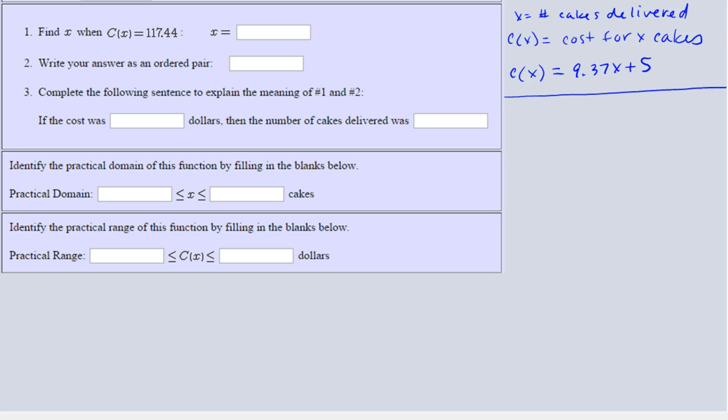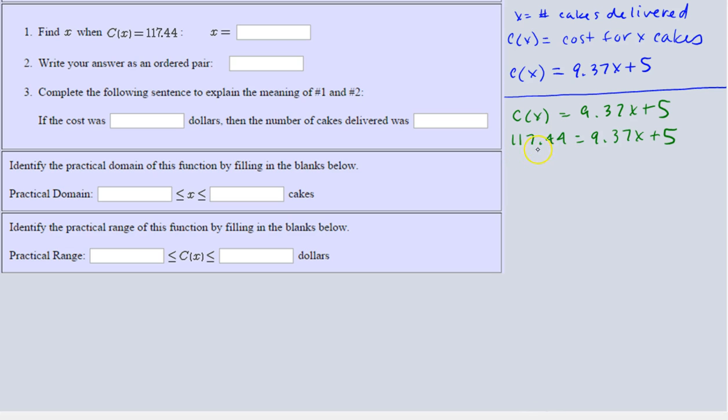So let's start by writing our function and replacing the total cost with the value given. Now we're going to solve this equation for X.